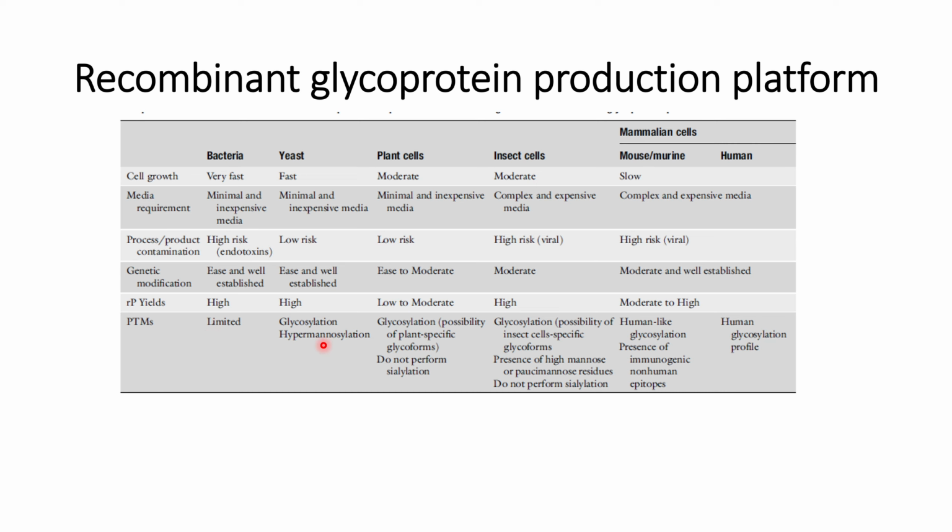The therapeutic glycoprotein produced in yeast has hypermannose glycosylation. So this will produce high mannose proteins, and human post-translation modification does not have the high mannose glycosylation structure, so it will produce an immunogenic reaction against these proteins that have high mannose structures or glycans.